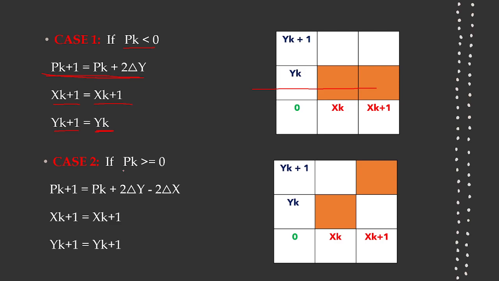Whereas in case 2, if pk's value is greater than or equal to 0, you recalculate p of k plus 1 as p of k plus 2 delta y minus 2 delta x. You use this for the next pixel. And then x of k plus 1, as you know, you keep incrementing the x value. And what y value should you take for the corresponding x value?